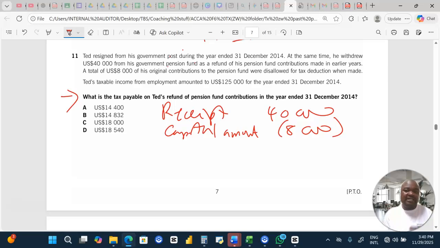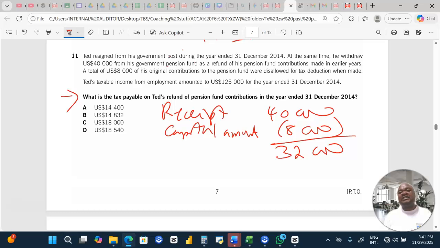You must not tax him twice, because when he made the contributions, maybe they were those items which were above the deductible amounts. So because he was taxed when he was contributing, he cannot be taxed again when he is receiving the refunds. It won't be a fair world, isn't it? Remember, taxes are not meant to punish subjects, but to empower them, isn't it? Good. So, in this case, you need to remove the 8,000 and you remain with the taxable amount of 32,000.